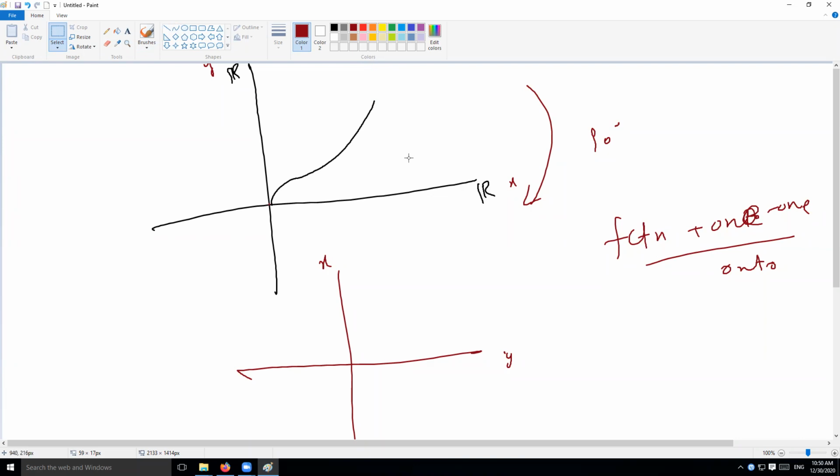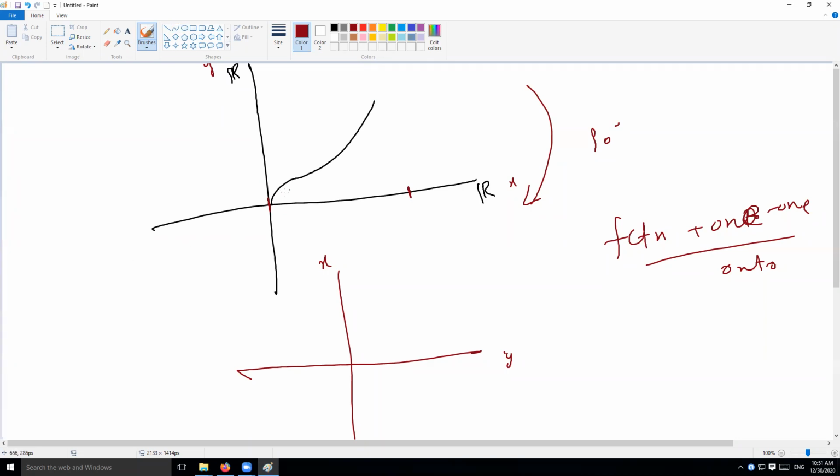whose, if I say what should be the domain of this function, if you take this function here, take it on this piece, okay? Then this would be the domain actually of the function, okay?